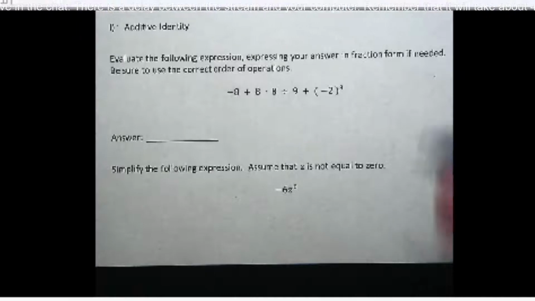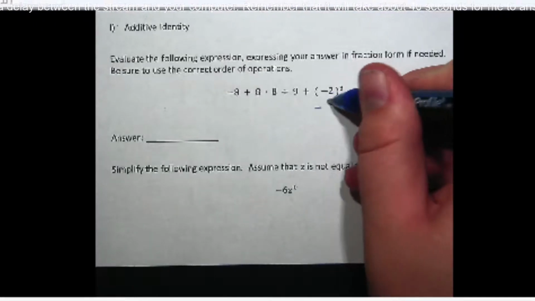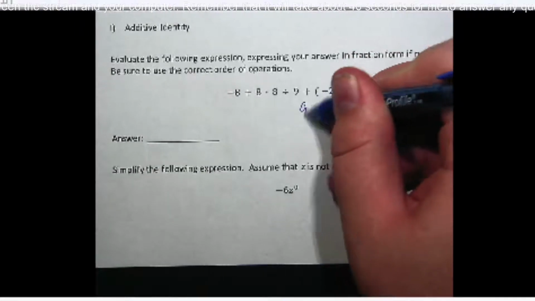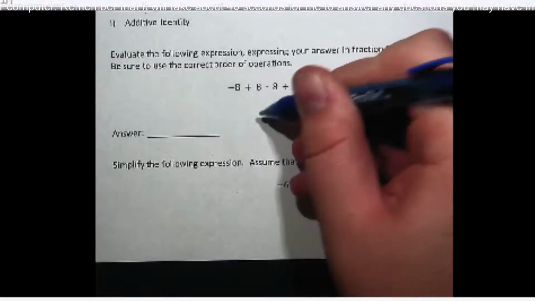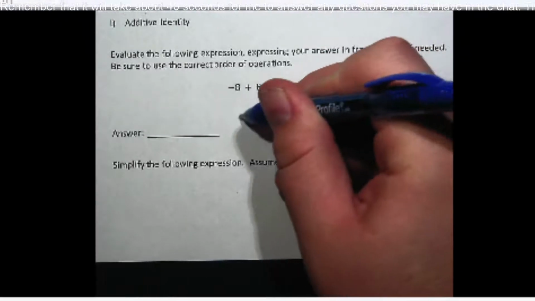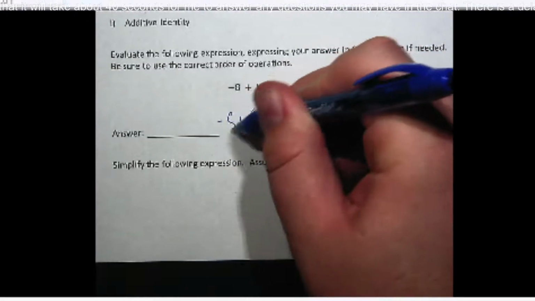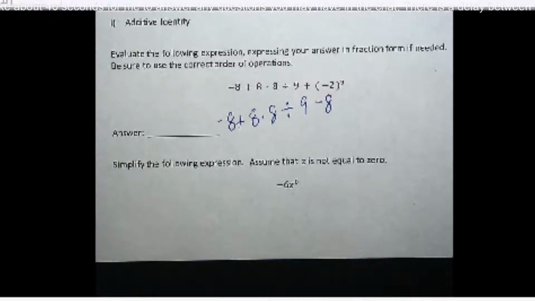So that's going to give me, let's see, negative 8. Bring down the rest of my expression. Okay. Now I see that I've got multiply and divide that I can do.